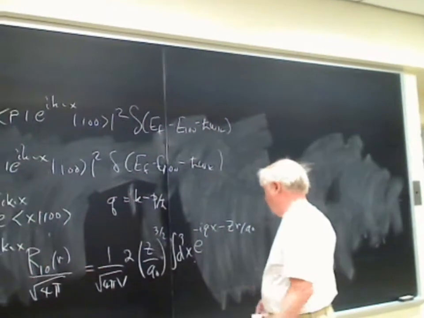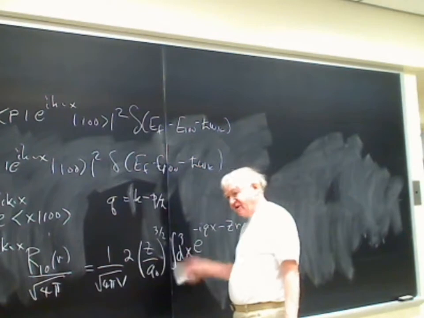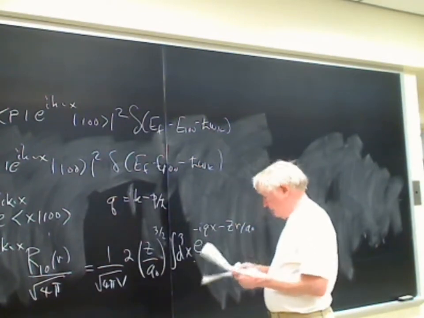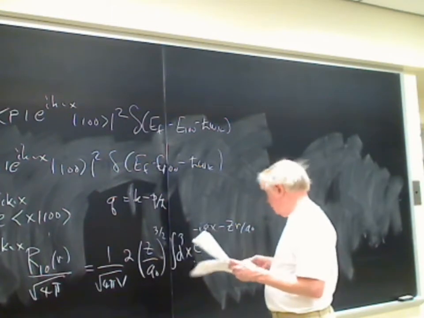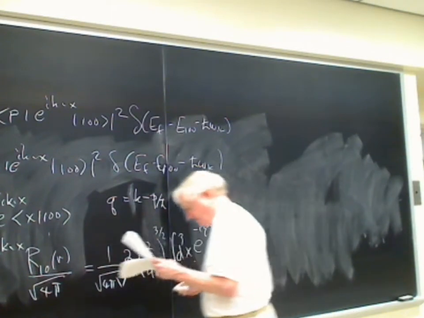And, of course, doing the angular integration, we get a 2 pi from the d phi integration. Then we integrate minus 1 to 1 d cosine theta.